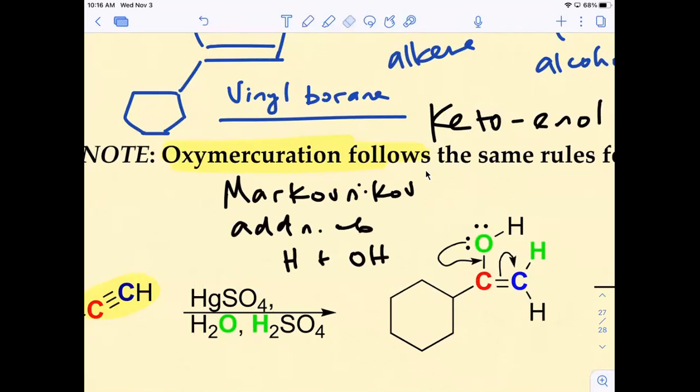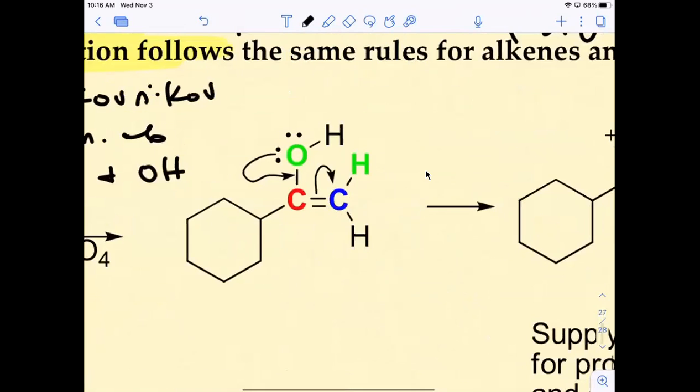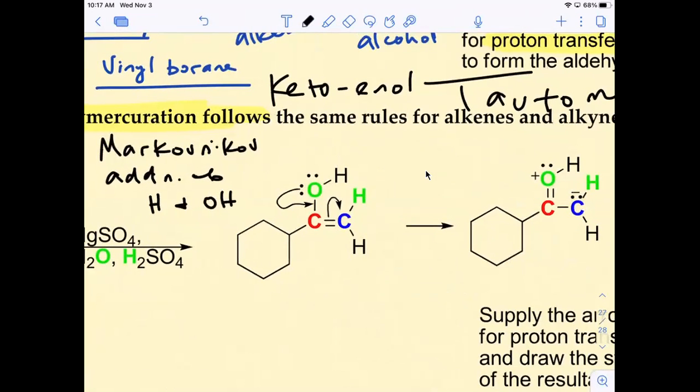So basically it's Markovnikov addition of H and OH. All right. So again, you see the OH on the most substituted carbon and the H that was added on the least substituted carbon. What's the name of this species again?